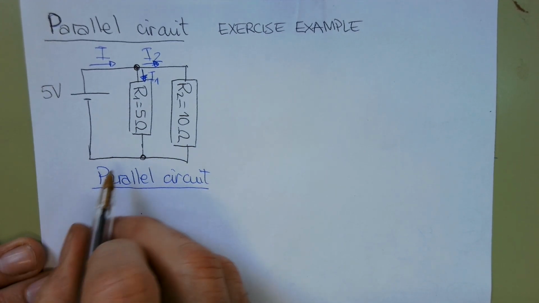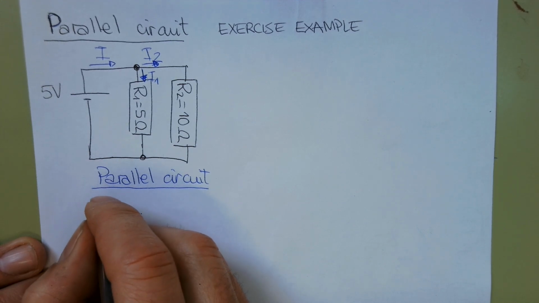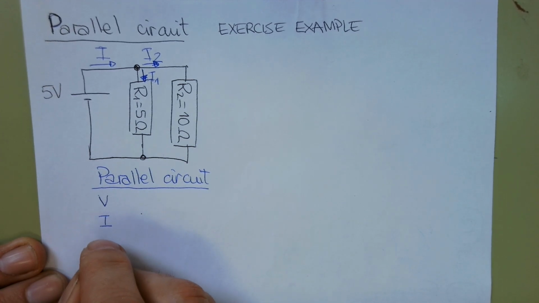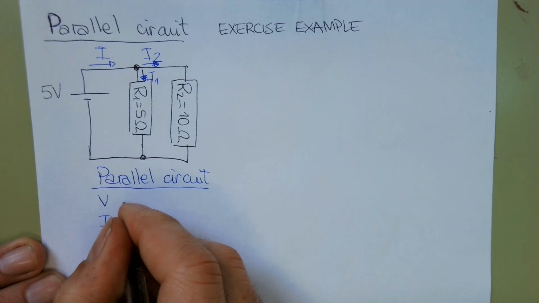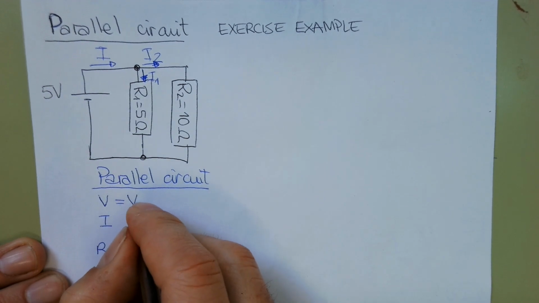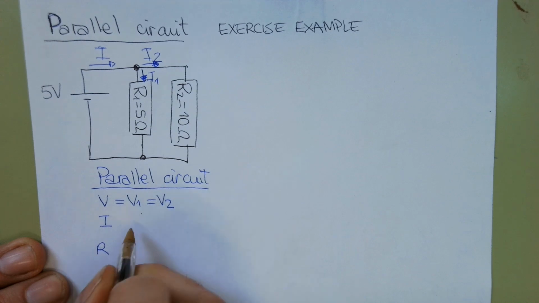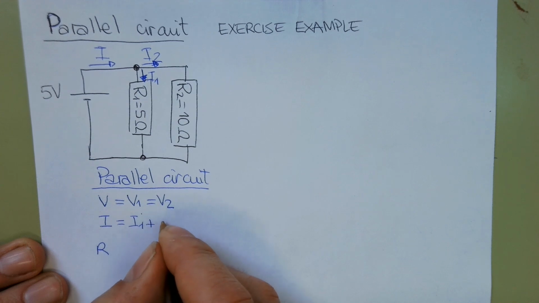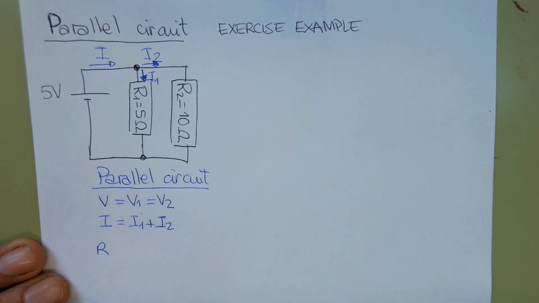So the equations for the parallel circuit: again, we have an equation for the voltage, another one for the current, and another one for the resistance. The equation for the voltage is that all the voltages in the circuit are the same. It doesn't matter if you have 2, 3, or whatever. The current of the battery is going to be split in different branches in parallel. But if I do the addition of all the currents, I get the current of the battery.